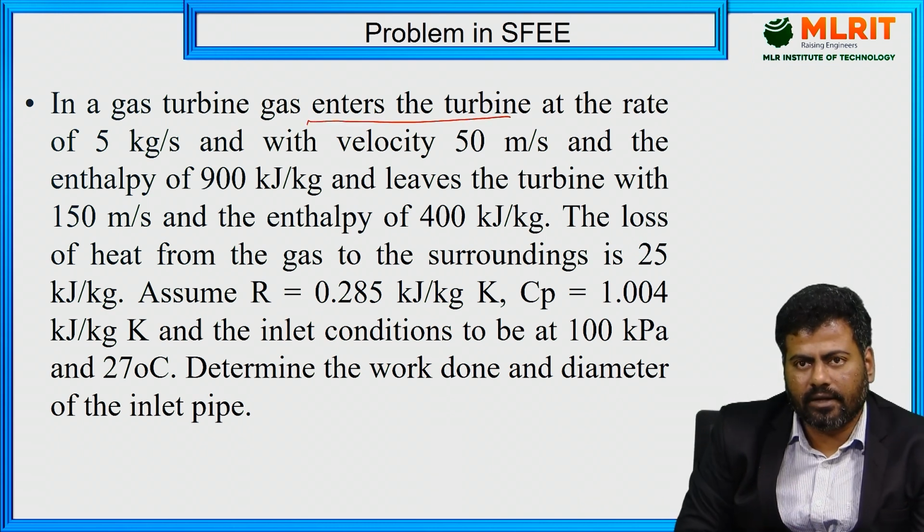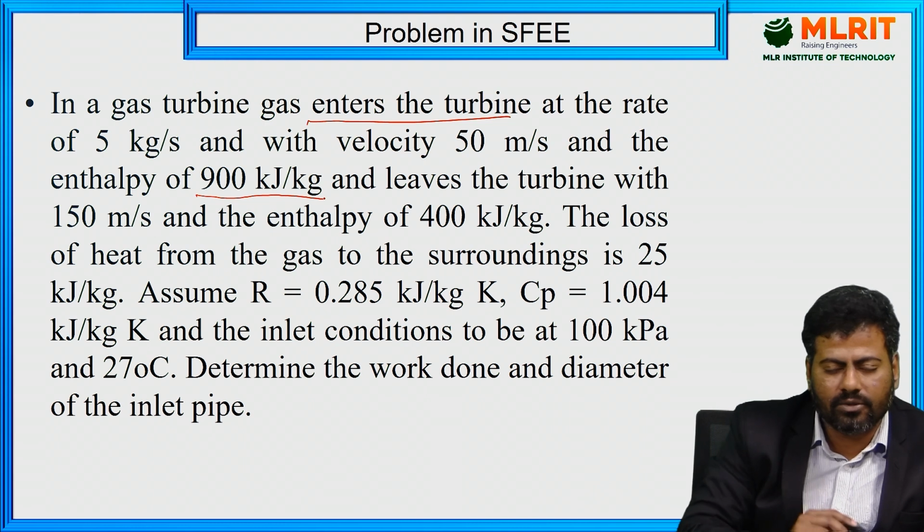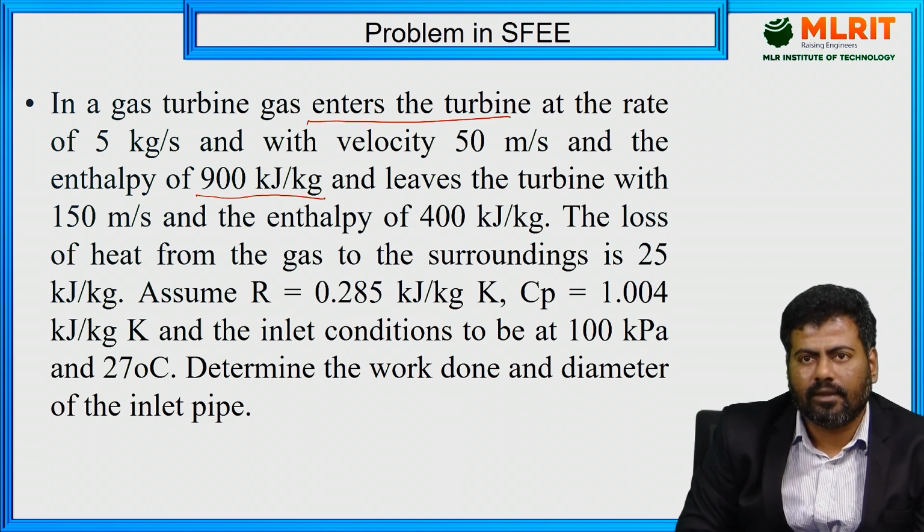Before the turbine, we are supposed to have a heating process, say a boiler or combustion chamber. With that, the enthalpy we got is 900 kilojoule per kilogram.